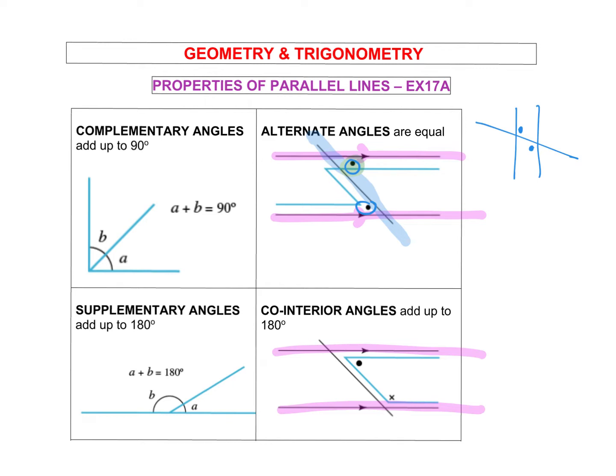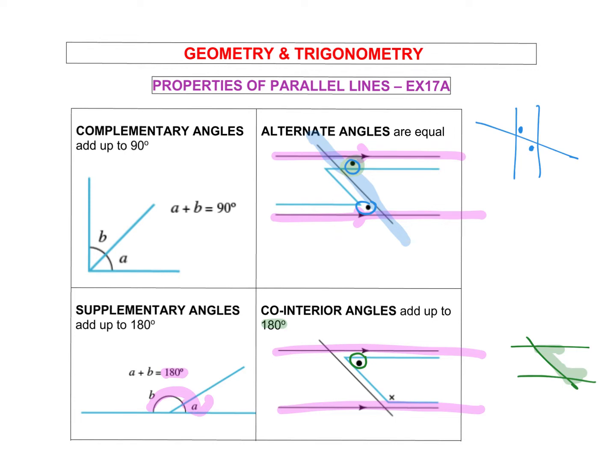Now also, if you have parallel lines and you have co-interior angles, so you can see they're inside that section, they will add up to 180. Okay, so it's something you need to remember. This fact that a straight line adds to 180, you'll use all the time, and it can often save a lot.